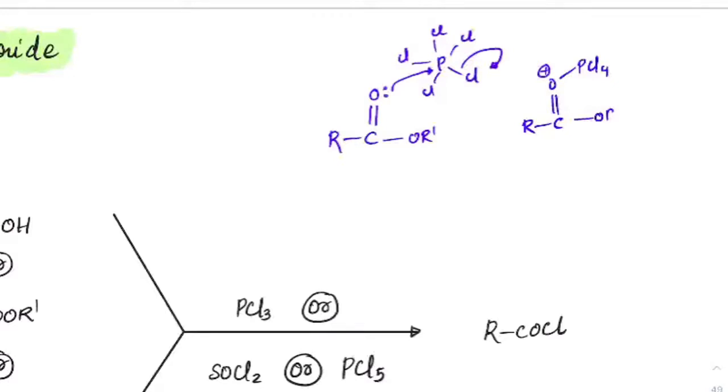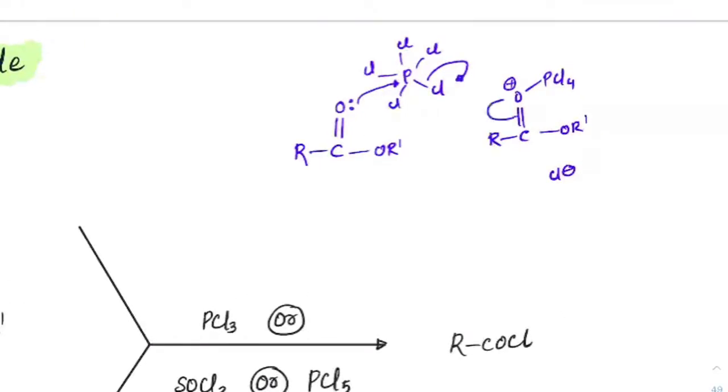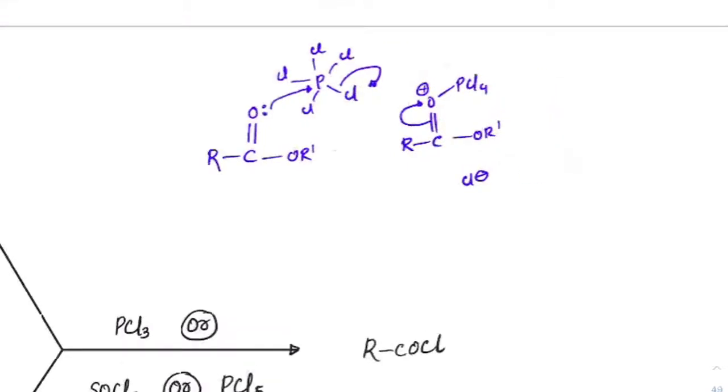Okay, right. Now this pi bond will shift onto this oxygen, and Cl will attack here. So we'll get this as R C O PCl4, Cl and OR dash.